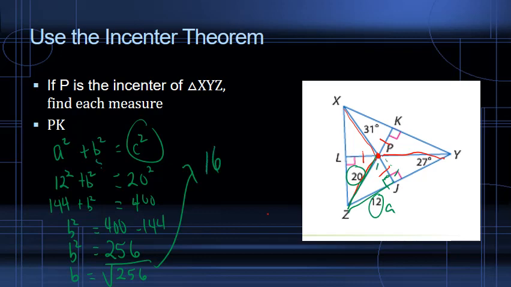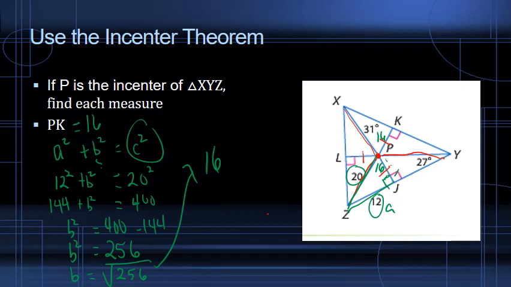So if PJ is 16, and we get that from the Pythagorean theorem, because we know the hypotenuse and one of the sides, and if PJ and PK are congruent by definition of the Incenter Theorem, then PK is equal to 16. Shazam. That was a little bit more complicated than I thought when I got into it.